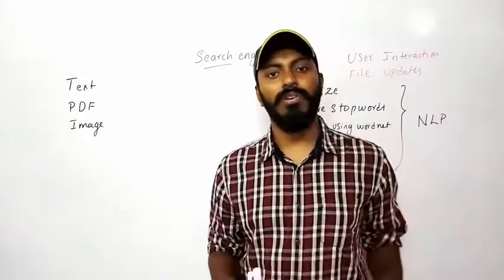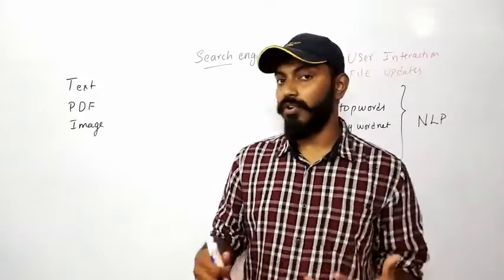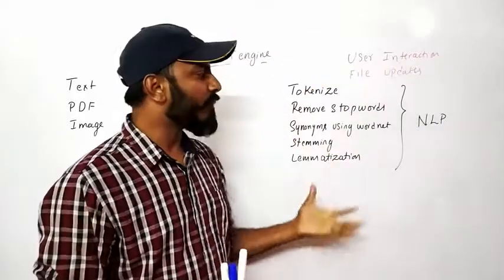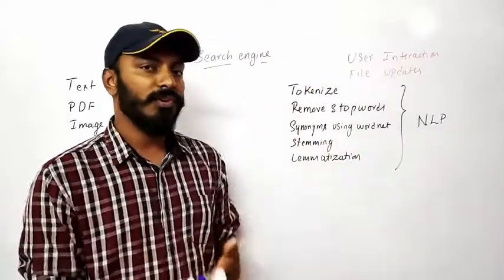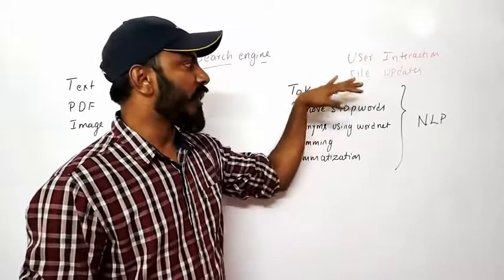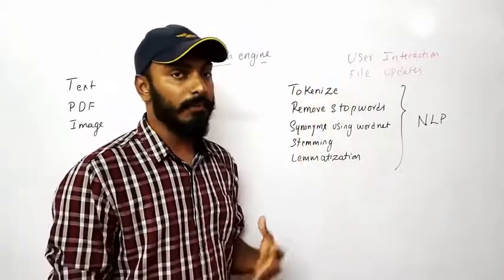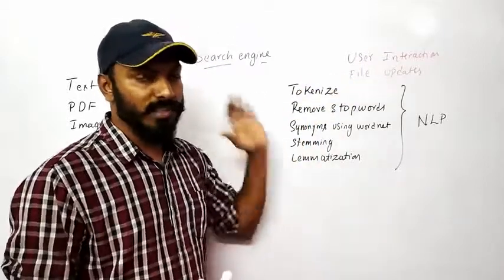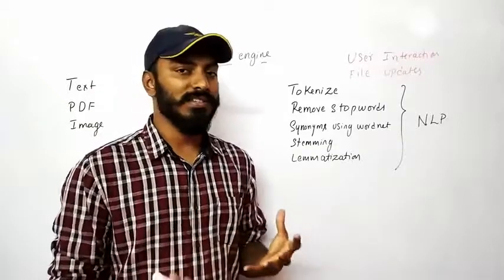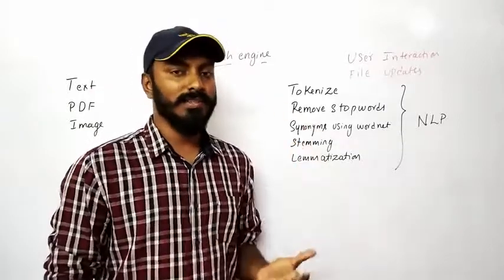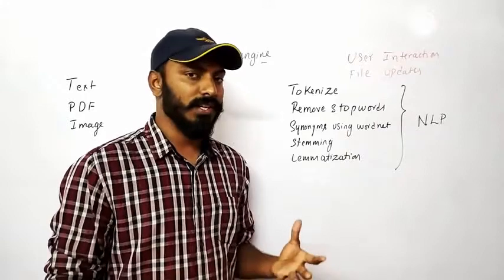That's a way cooler feature you can provide in your document too. And basically we have to keep looking at the signals from the user interaction, and whenever file updates happen, we need to keep rerunning all of these processes which I just discussed to keep the search indexes up to date.